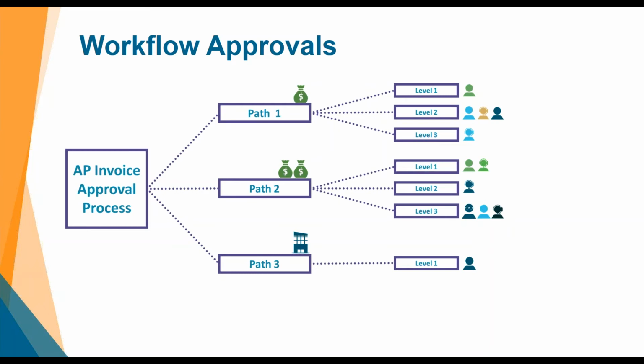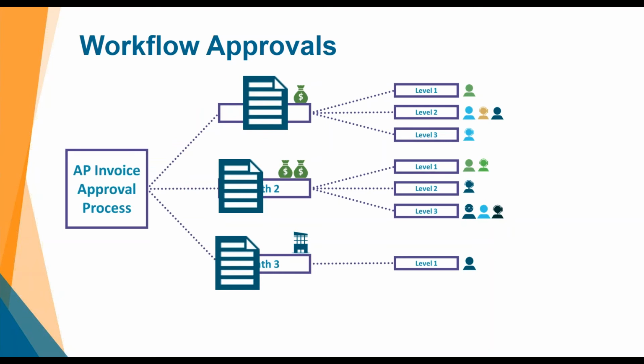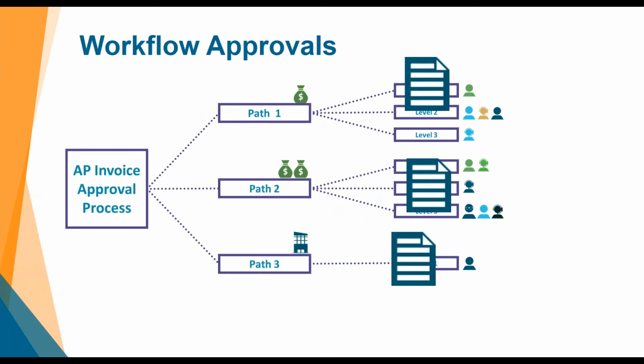We're able to use key information that's presented by your team about the invoice, such as a department code or a specific value of the invoice for approval thresholds. And using that information, the system can use rules and logic to automatically route that invoice for approvals throughout the organization. And these invoices can take different paths.